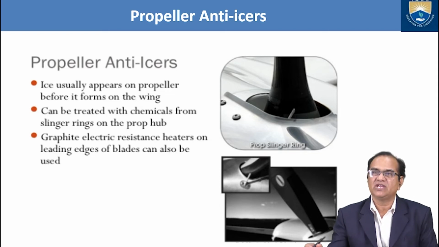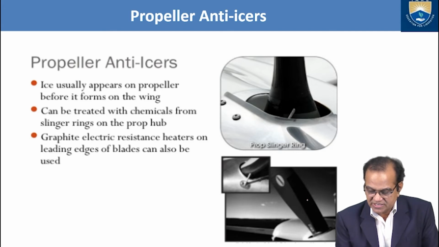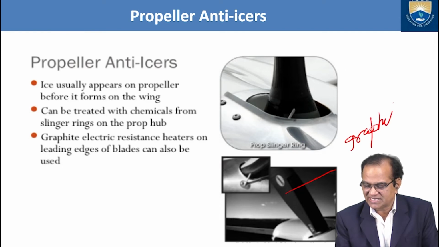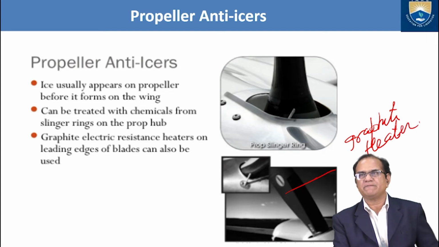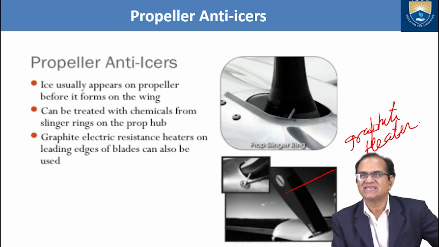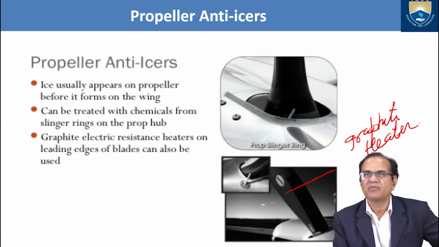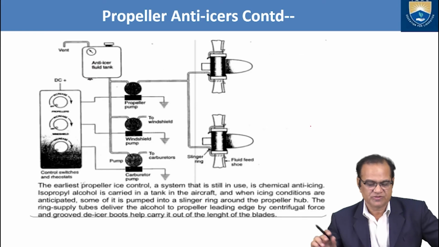Very light graphite heaters, a carbon-like material, are used, and the first formation is called the propeller slinger ring.